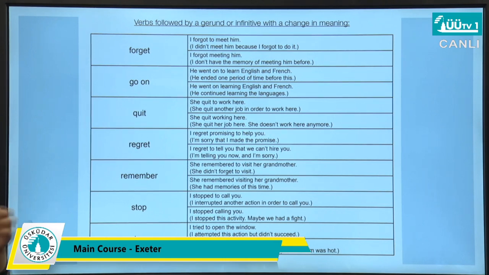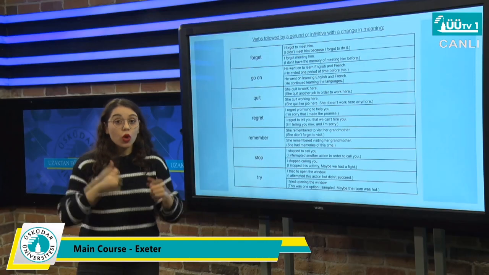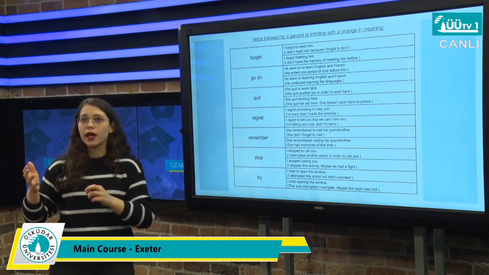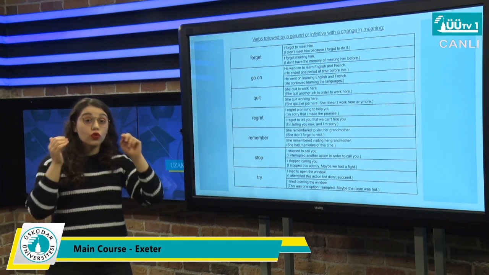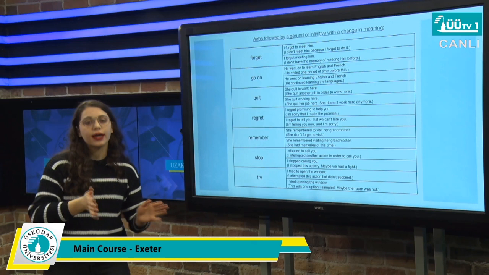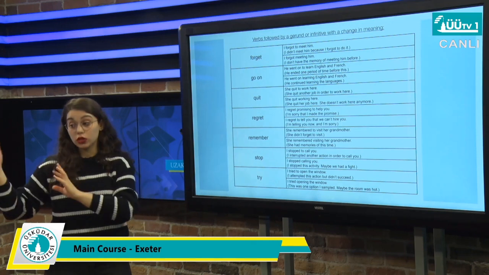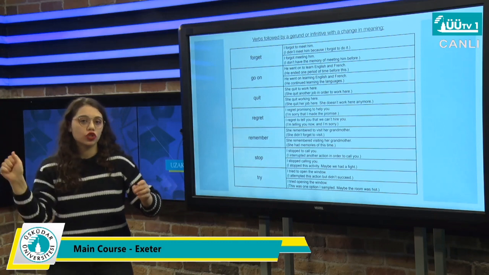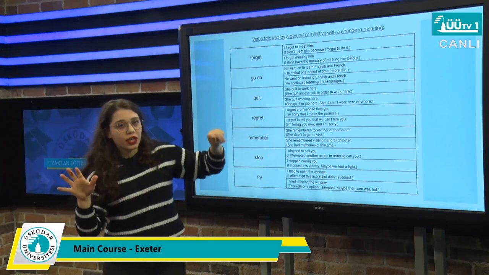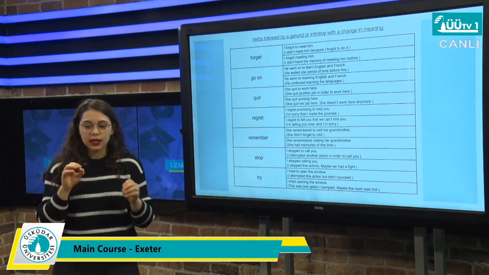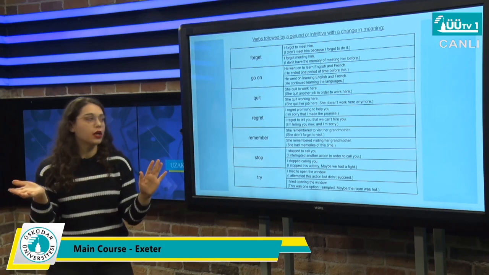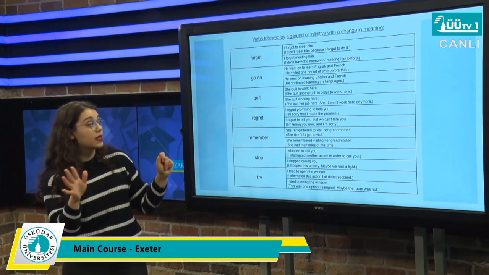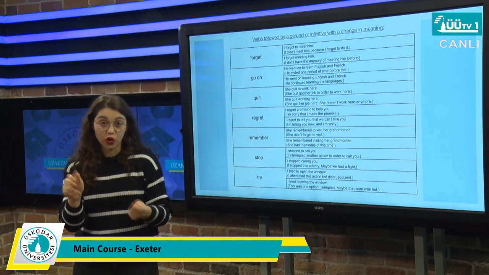Let's say that you were working in a car company. Now you work in a beauty company. Okay, so you quit to work in a car company to work at this beauty company. So you had a job, but you changed your job. But with quit working, ing form, it tells us that you stop working altogether. Like, she quit working here, it means that she doesn't work here anymore.